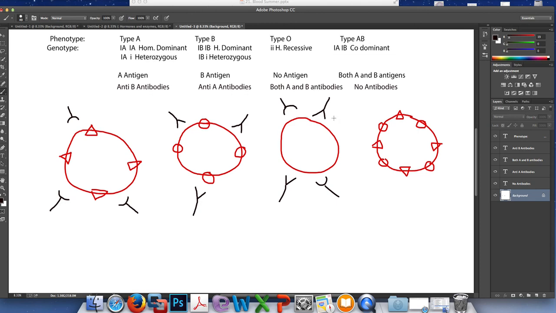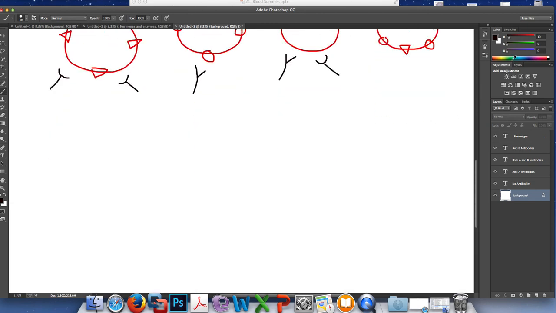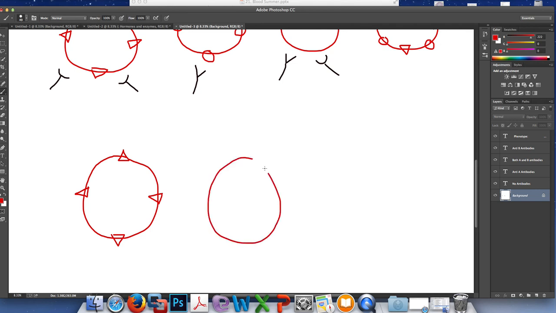Well, if I have a red blood cell with A antigens on it, and there's somebody who is type B blood needing a transfusion, let's look and see what would happen here.